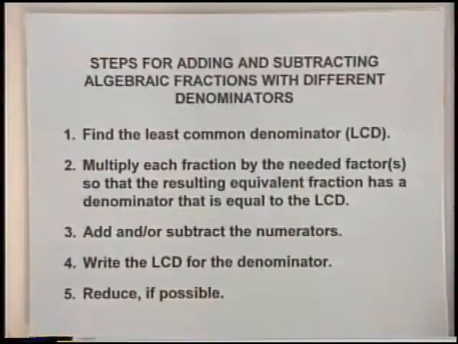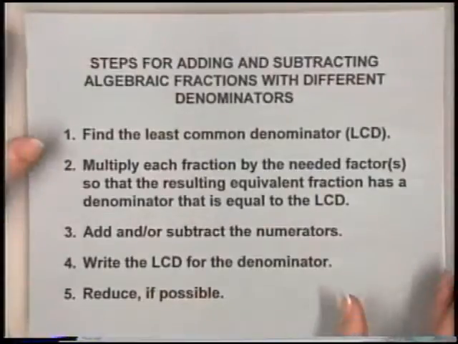Then we will multiply each fraction by the needed factor or factors so that the resulting equivalent fraction has a denominator that is equal to the LCD. Next, we will add and or subtract the numerators and write the LCD for the denominator. The last step will be to reduce if possible.